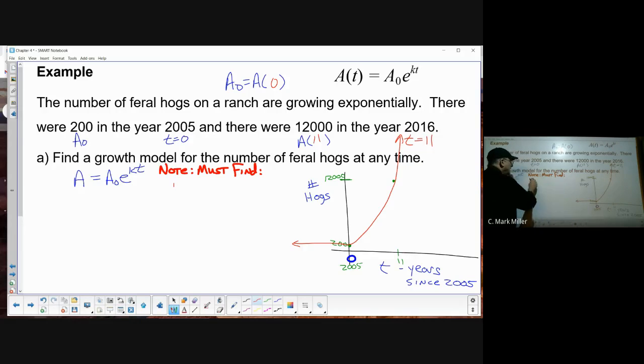Number one, we have to find A0. In our formula, those are all letters, but you have to understand what they are. e is the number 2.7 and change, so there's no finding e. t is your independent variable. We need to find A0 and k. There's two things that we need to find in order to have the model.